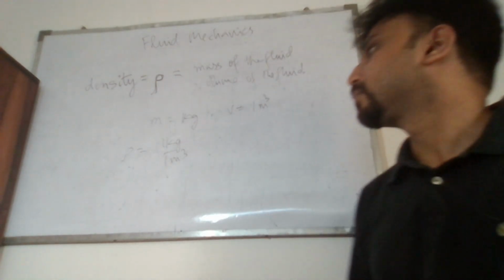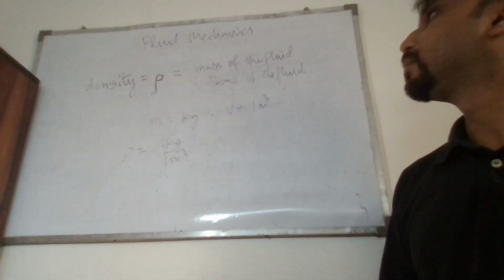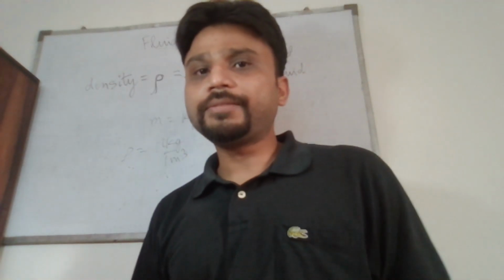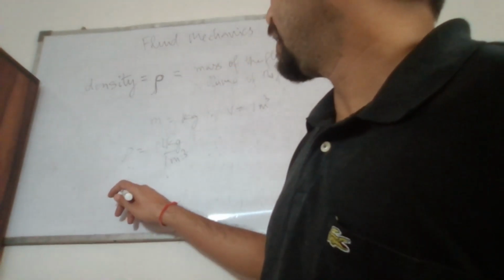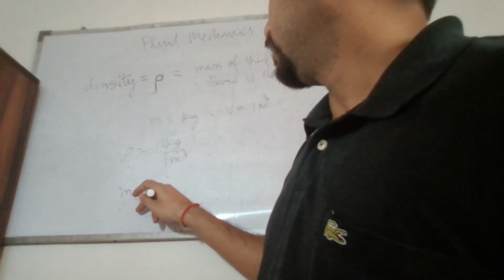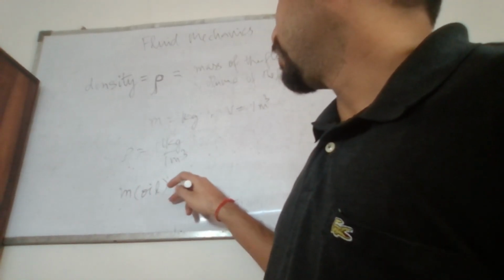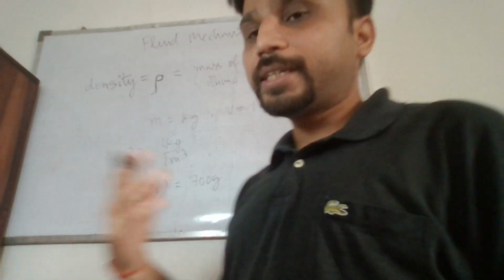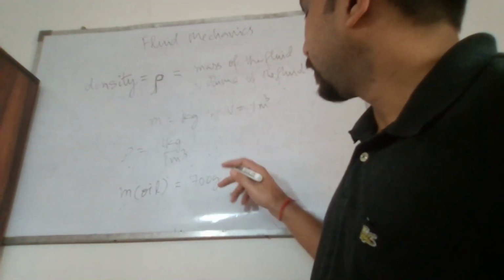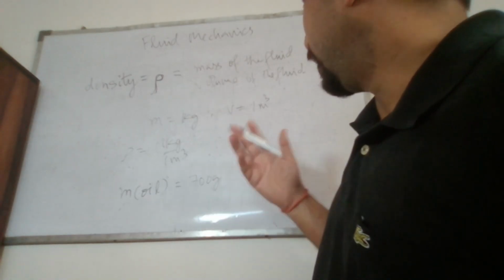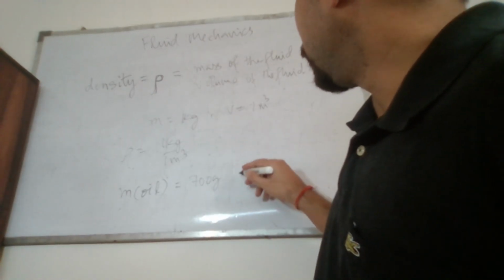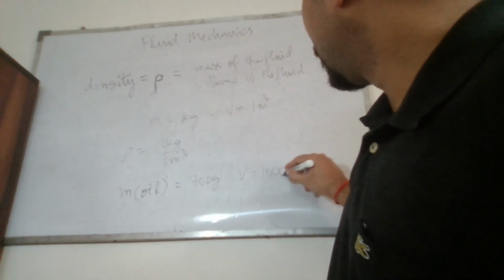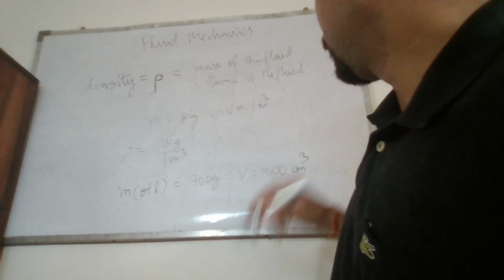So let's say we have some kind of oil. The mass of that particular substance which we have taken is 700 grams, and it's contained in a beaker whose volume is 1000 centimeter cube.